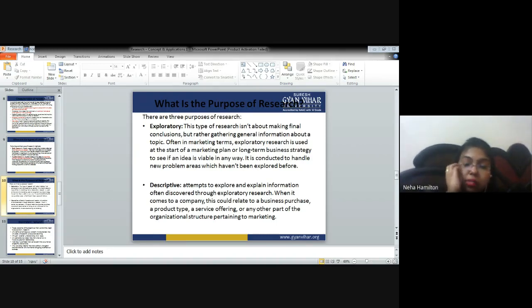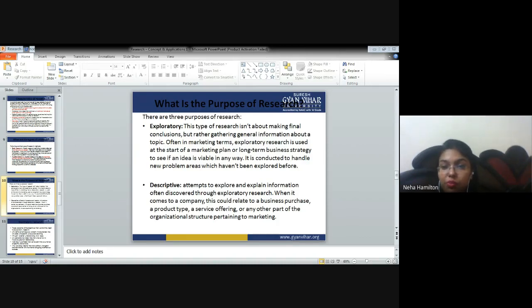Now, the next point is that we have to understand the purpose of research. See, when I talk about the purpose of research, it means what is your approach of doing a particular research.